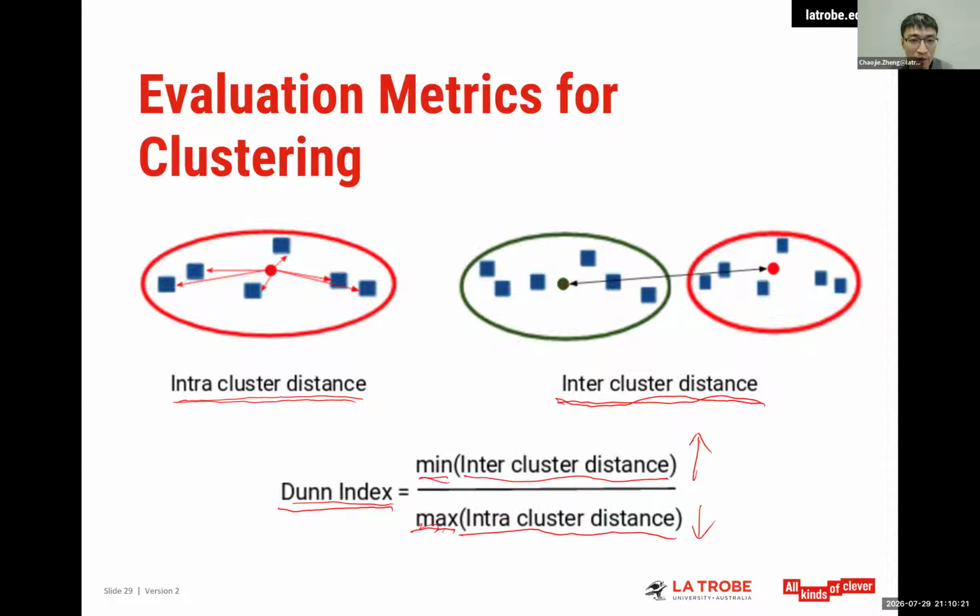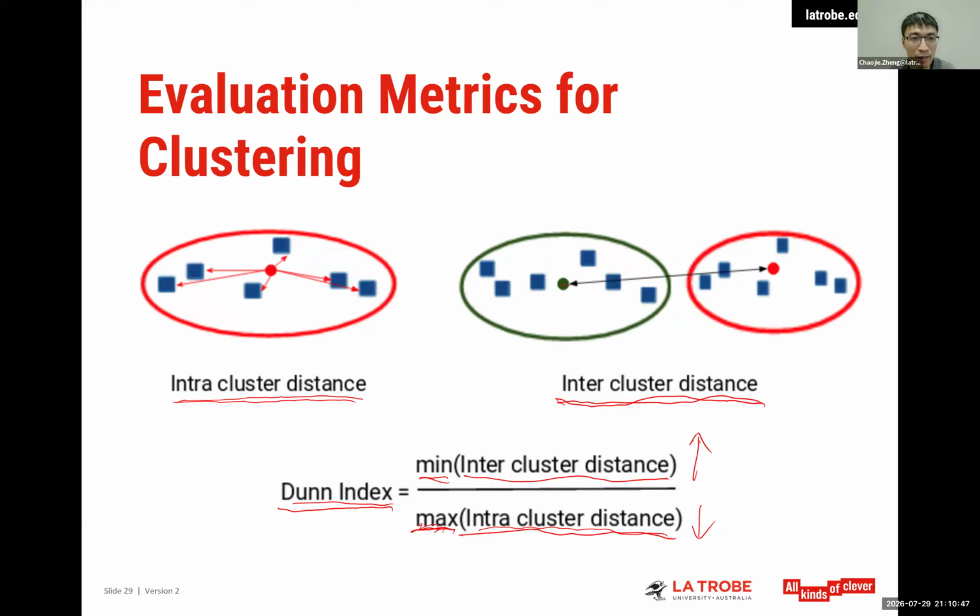And for the intra-cluster distance, we calculate the point-to-centroid distance for all the data points within one cluster, and we use the maximum point-to-centroid distance to represent the intra-cluster distance.